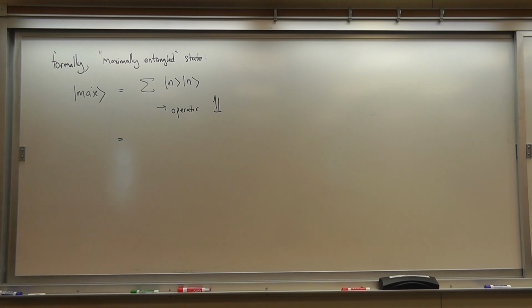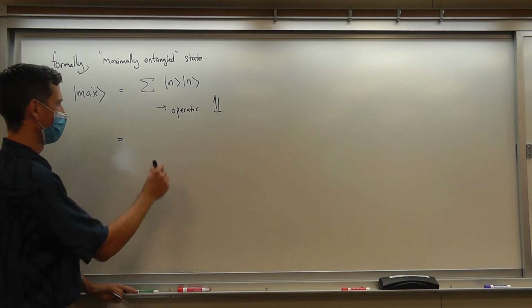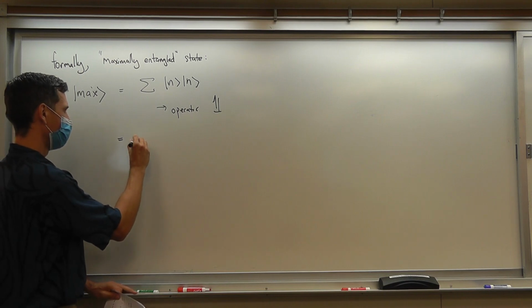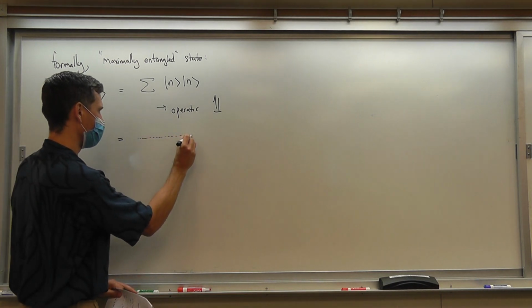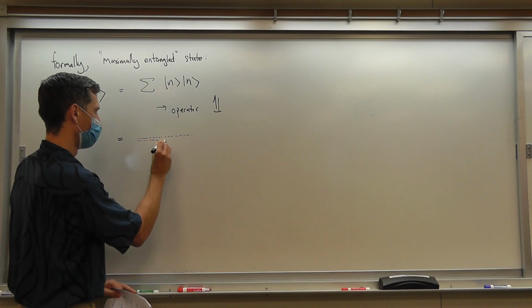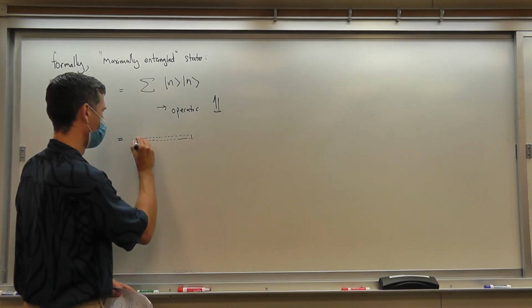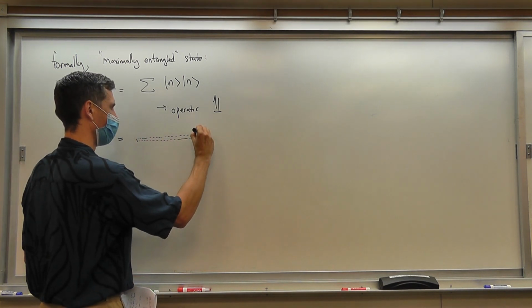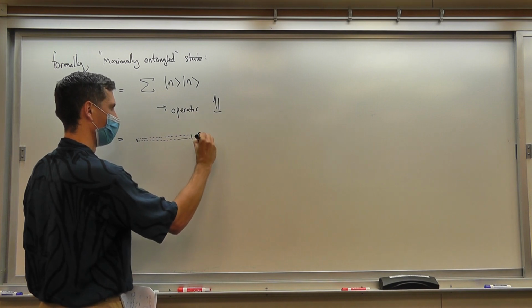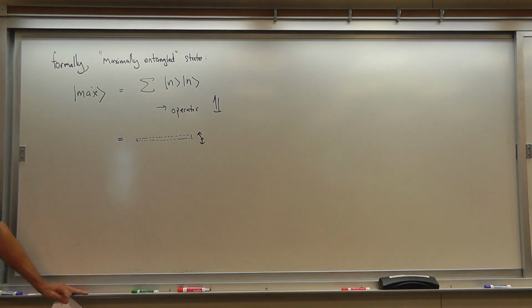So formally, as a path integral, the maximally entangled state is the path integral on the strip of size 0. Okay, so this is height 0. Because it has inverse, it's like a thermal state with inverse temperature 0.